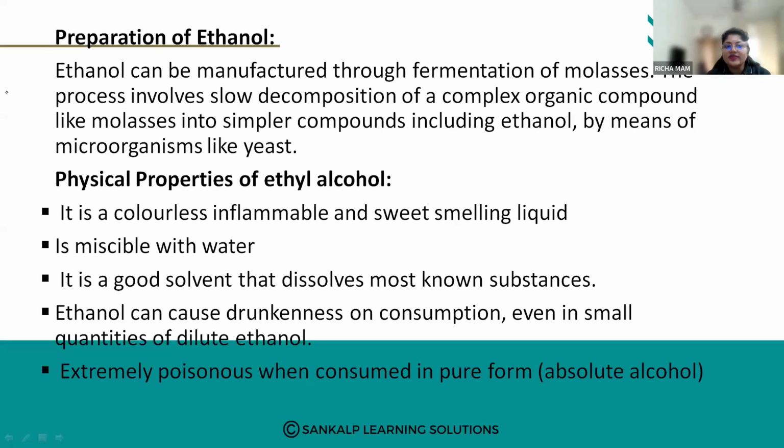The process involves very slow decomposition of a complex organic compound like molasses into simpler compounds, including ethanol, by means of microorganisms like yeast. Molasses is nothing but waste. From this waste, what is produced? Fermentation. Fermentation means microbial decomposition takes place in the presence.